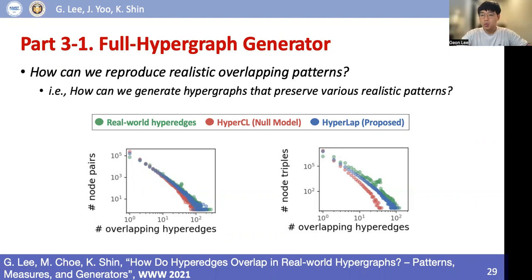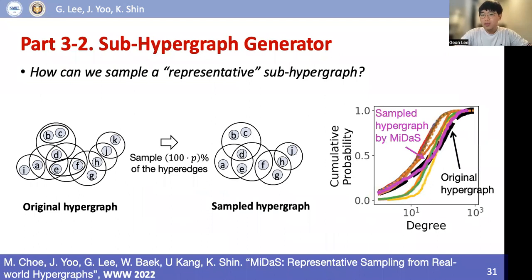In this tutorial, we will cover various hypergraph generative models, including HyperLab. Rather than generating an entire hypergraph, or hypergraphs that are even larger than the original hypergraph, sampling a small sub-hypergraph has various benefits. For example, we can rapidly simulate an algorithm in a smaller hypergraph, and it is also useful for graph visualization and stream processing.